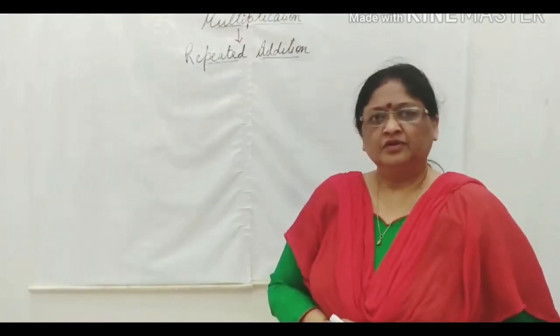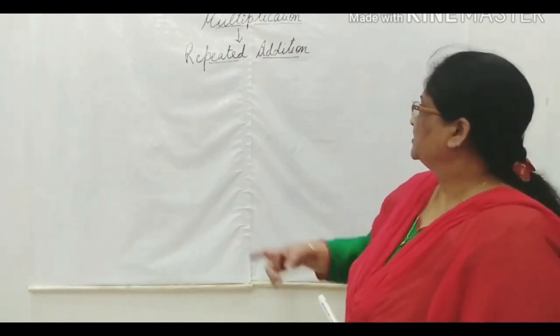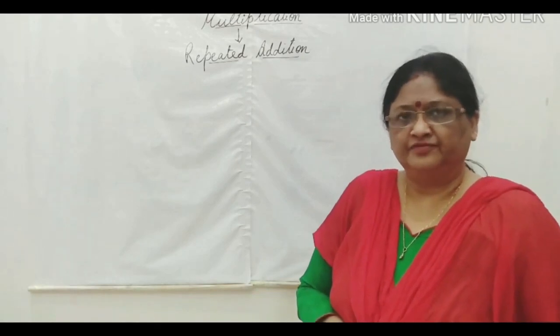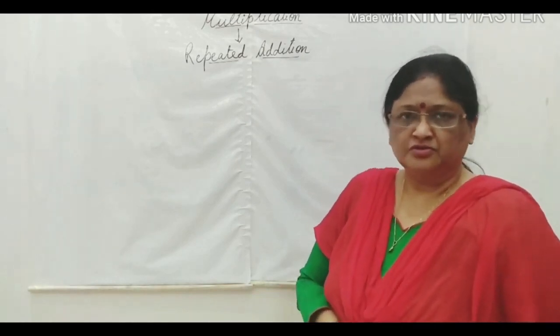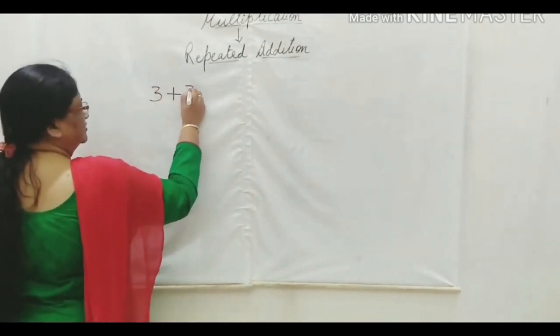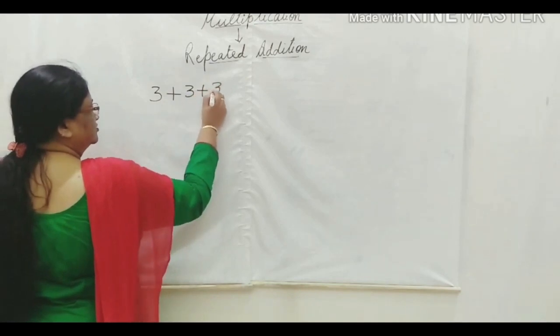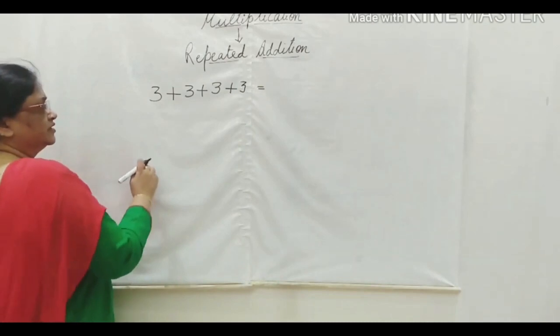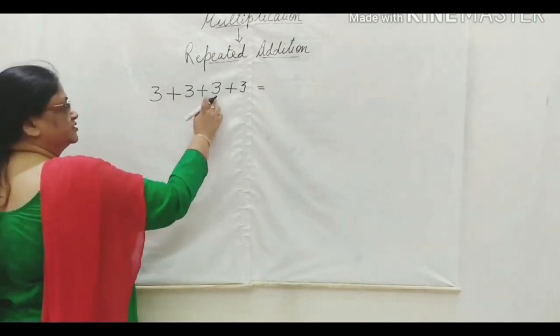Children, as we know that multiplication is repeated addition, and I told you the definition in the beginning of this class, so let's do some examples. Suppose we have to add 3 plus 3 plus 3, we have to add 3 four times.